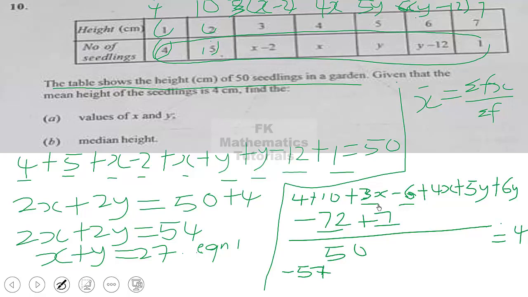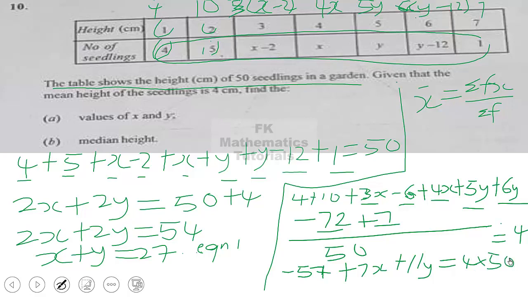Then we have the x. 3x plus 4x is 7x. So plus 7x. Then we have the y's. It's 5y and 6y, plus 11y, to be equal to 4 times the 50. That will be 200.